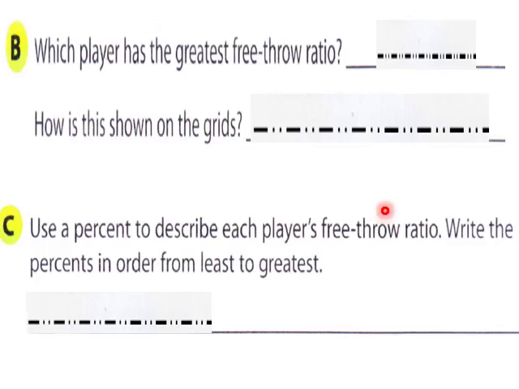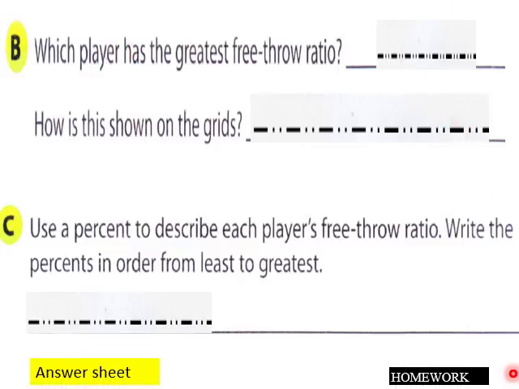Then we go into our homework. Which player has the greatest free throw ratio? To fill that in, go back into your class worksheet, students, to find that answer. How is this shown on grids? Explain how that was represented on your percentile grids. Use a percent to describe each player's free throw ratio.